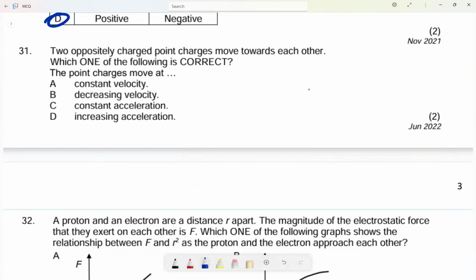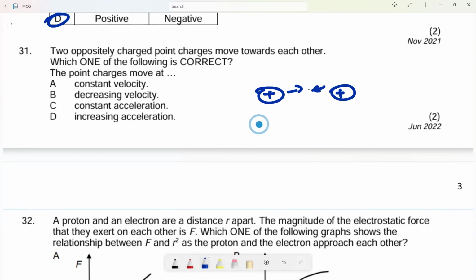Two oppositely charged point charges move towards each other. Which one of the following is correct? The point charges move at a constant velocity? No, remember there is a force that they exert on each other.